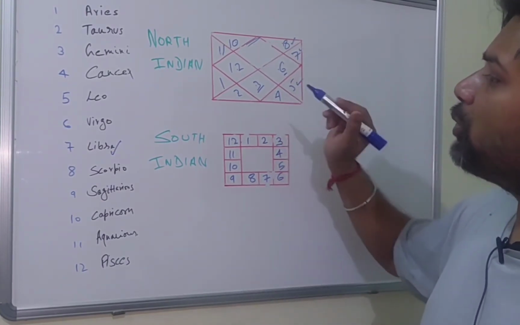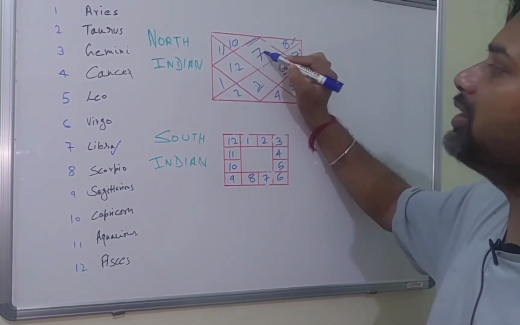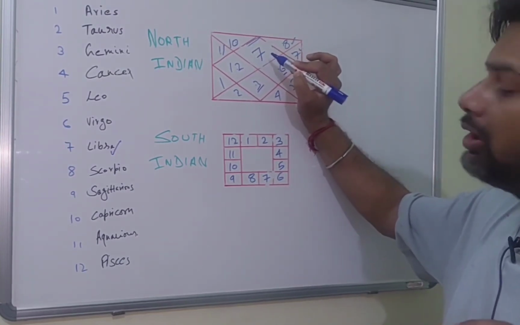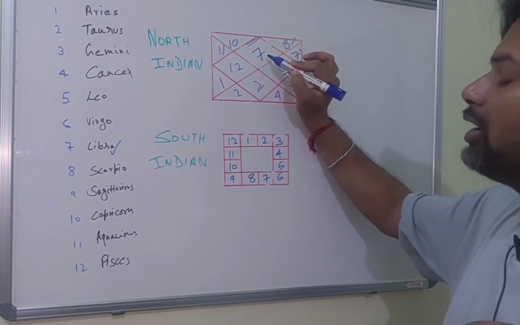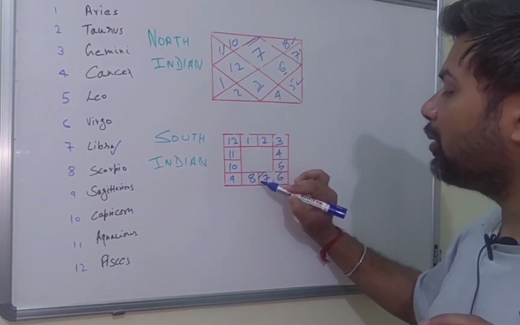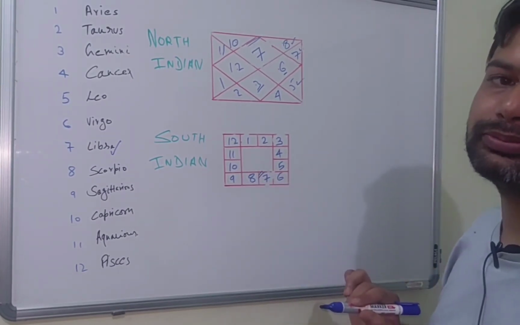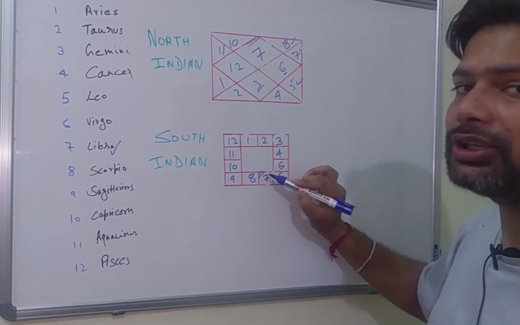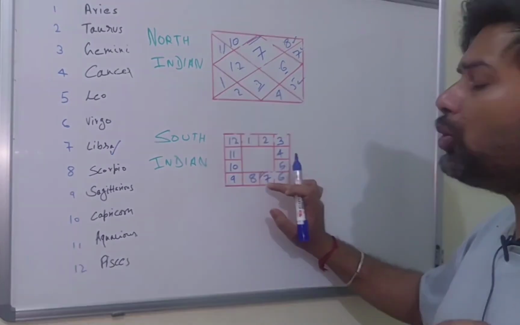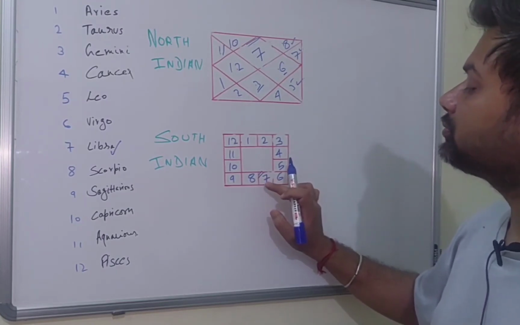Now, suppose the Kundli is of Libra Lagna. So, we will put 7 here in North Indian style. In South Indian style, we will see the Libra Lagna and we will put 2 lines here. These 2 lines denote Lagna. So Rashis will remain fixed and Lagna keeps changing.